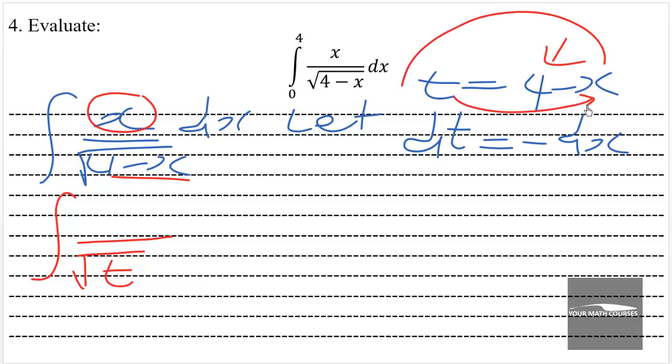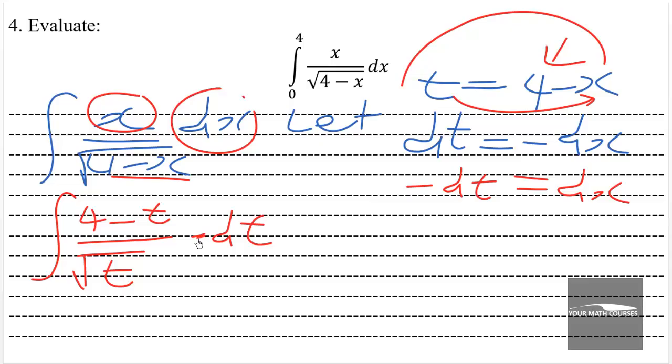So that will give us x equals 4 minus t, times dx. So dx will be equal to, when you multiply through by negative 1, you get negative dt equals dx. So we have negative dt.